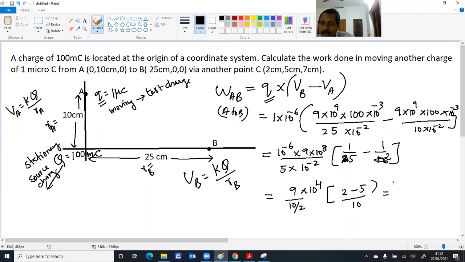So 9 into 2, 18, into 10 to the power of 1, 2. The 2 tens will go, 2 minus 5 is minus 3. Minus 54 into 10 raised to 2, 5.4 into 10 raised to 3 joules. Work done.